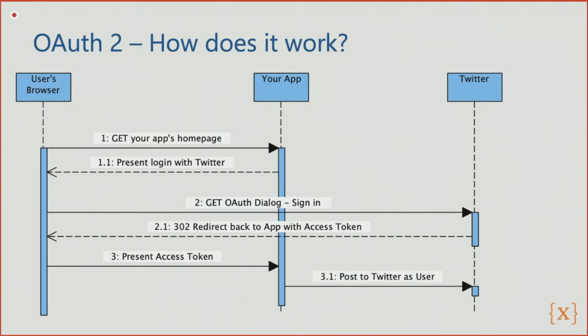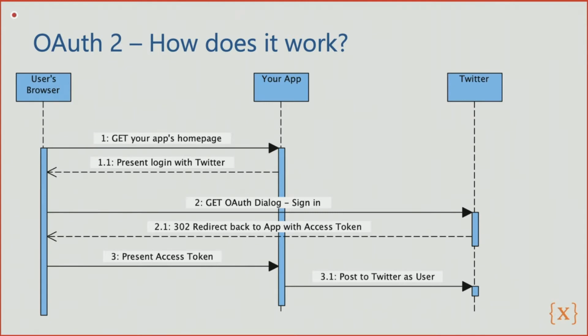They're typing in their credentials there, not on our app. And then once they sign in, 2.1 shows we're redirecting back to the app with the access token. So when you make that initial request to Twitter, things you've probably seen before, reply URL, that's where we've configured our app to authorize to send that token back to a different endpoint for that to be consumed.